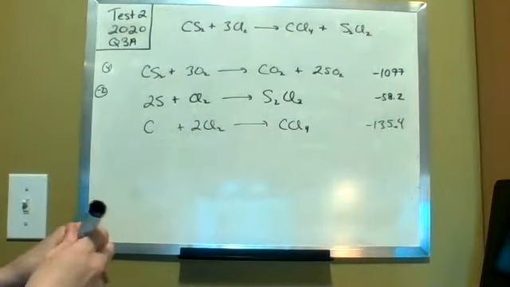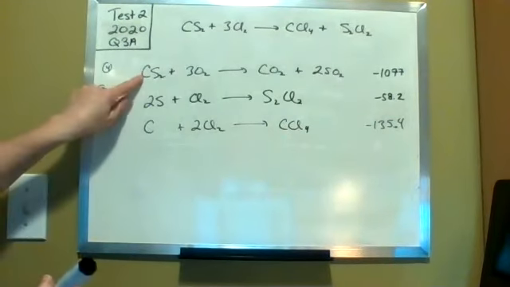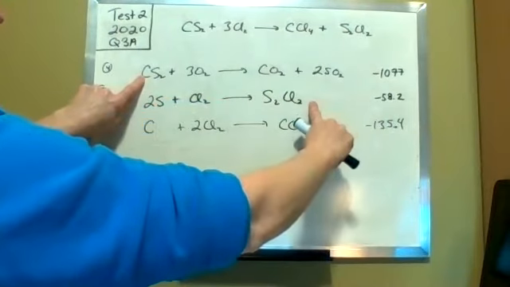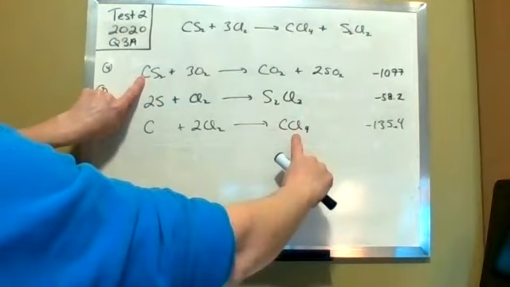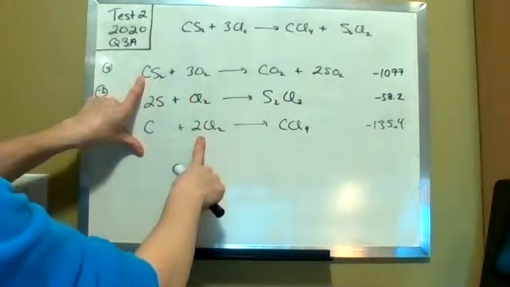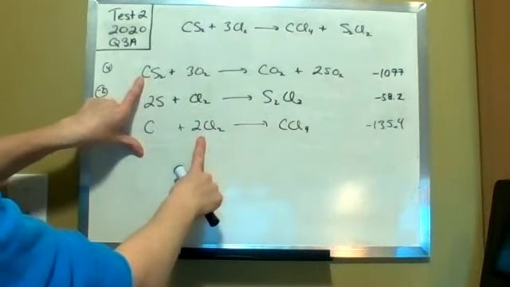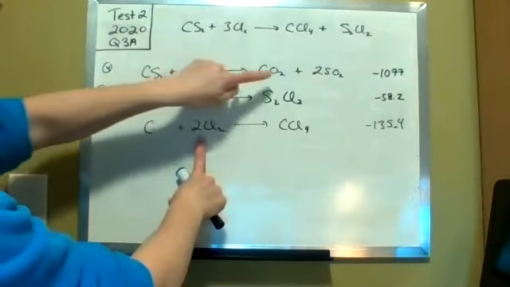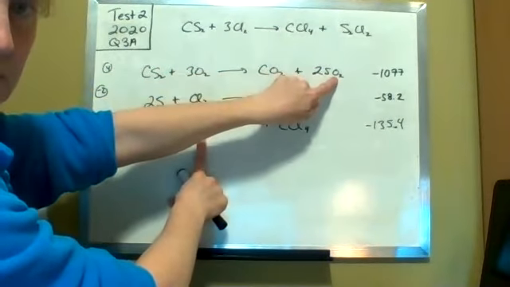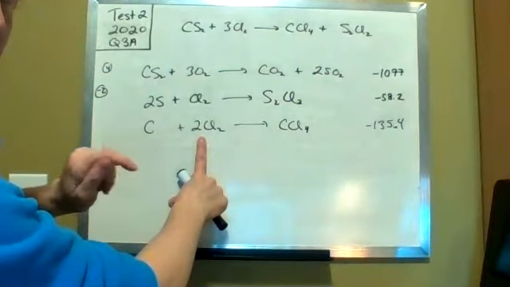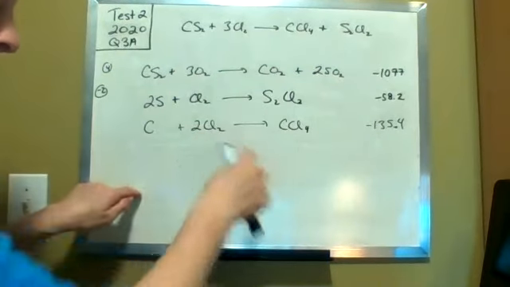Now let's just take a gander at what we have right now. We have our CS2, we have our S2Cl2, and we have our CCl4. If you also look closely, we have 3 Cl2s as well. Some of the extra things that we have ended up in here with, we have some sulfur, some carbon, some oxygen, CO2, and SO2. Okay, so from now, you have to go and find reactions that are going to cancel out those species.